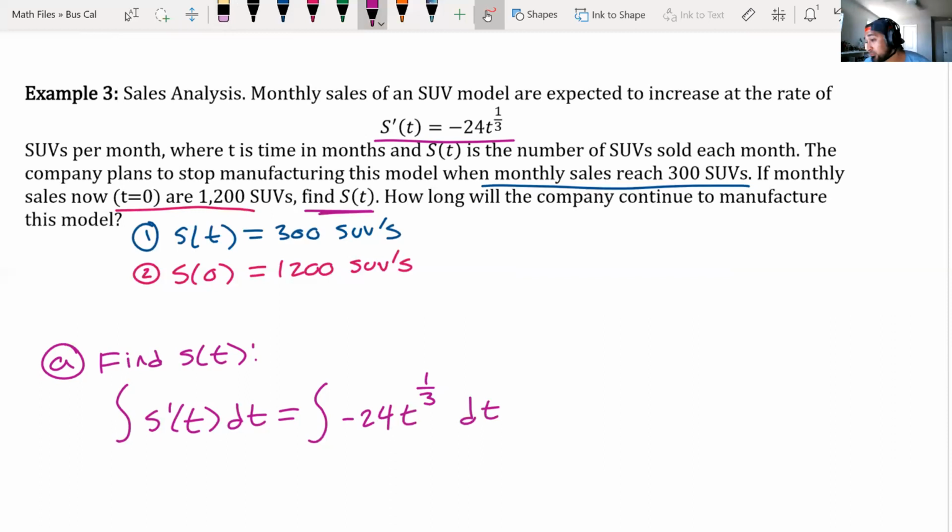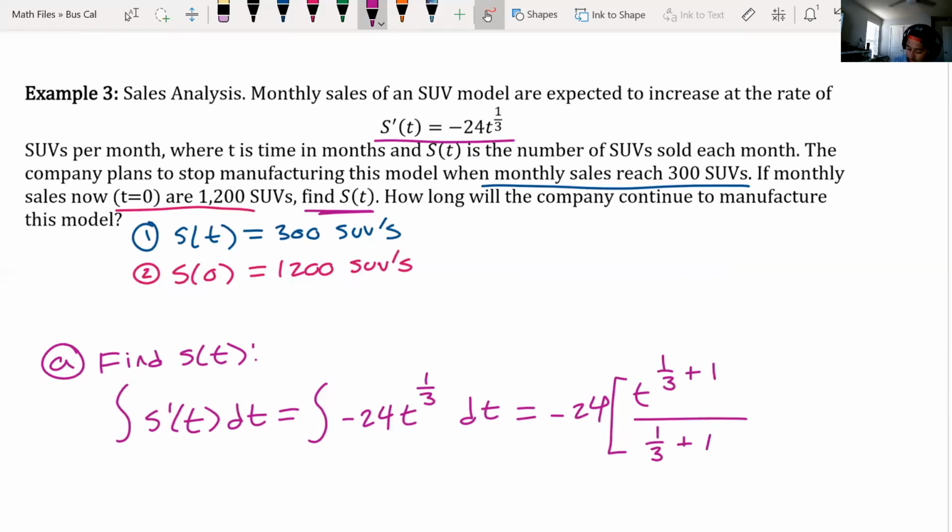All right. Well, we can move the negative 24 out, but we know what's going to happen. We're going to use the power rule. So why not just move on to the power rule already? That negative 24 will be outside, and you'll get t to the 1/3 plus 1 over 1/3 plus 1.